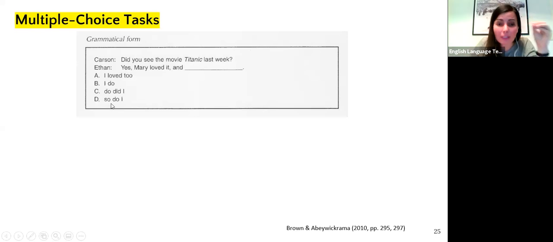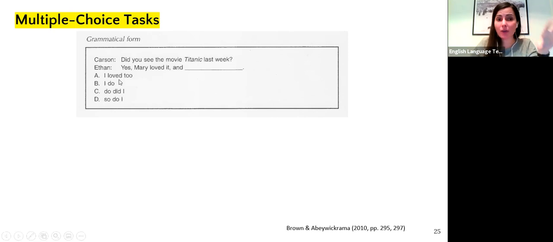I think that's something we need to keep in mind when creating tests. And I think they're super hard to create, actually, good multiple choice tests, because we have to be thinking, is this task only targeting the form, or both, or only meaning? And then have a balance of that in your tests, right?